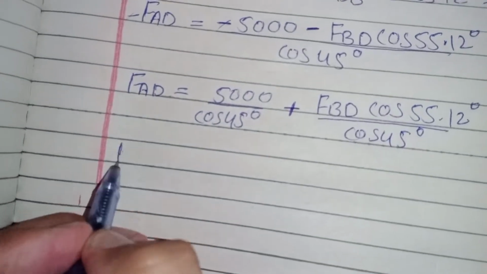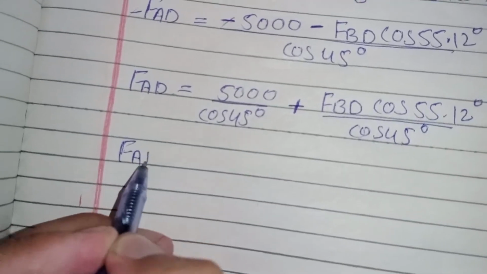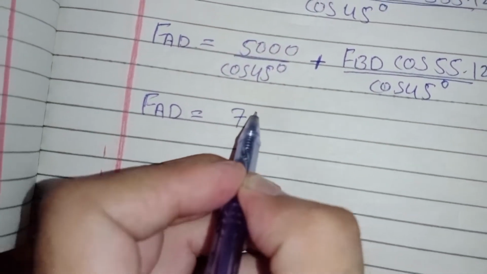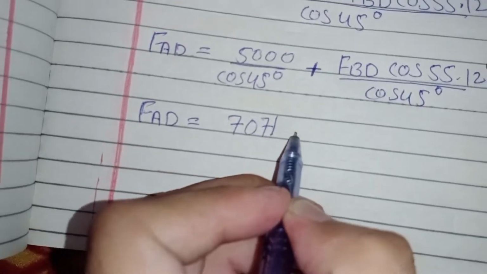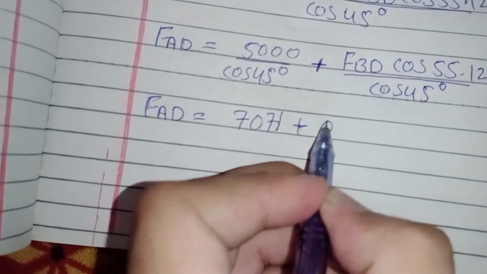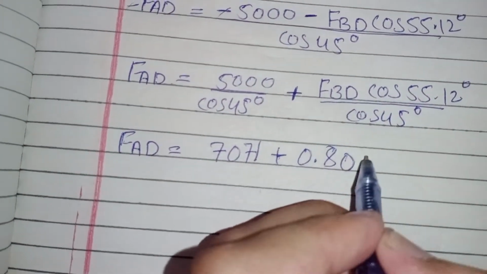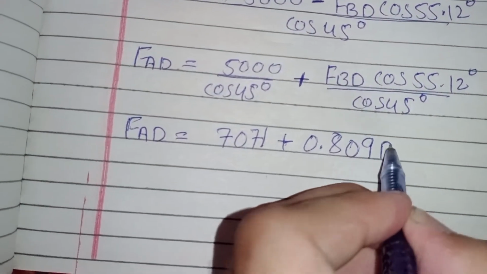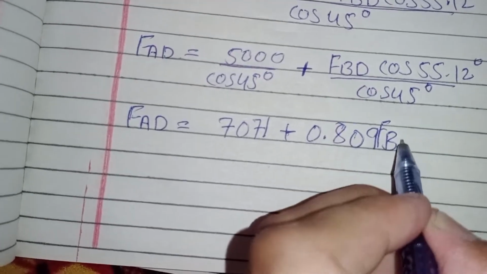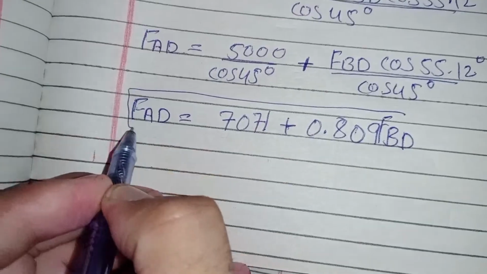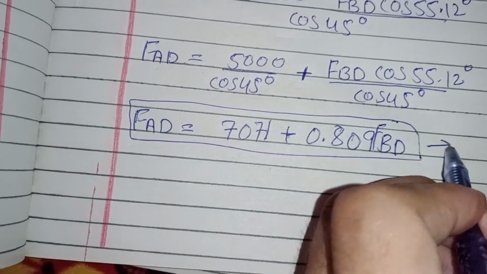Now it will come FAD will equal to 7071 plus 0.809 BD, force in member BD. Let's say this is equation number 3.